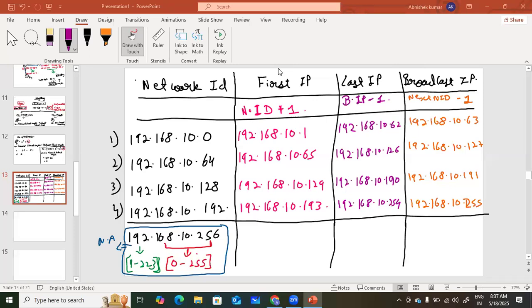Sir, can you say once again how to find out the broadcast IP? Yeah, no issues. The formula is to subtract 1 from the next network ID. So what is the next network ID?